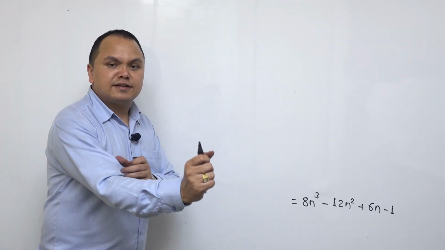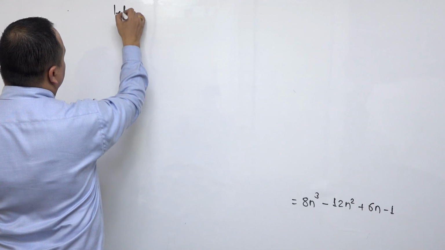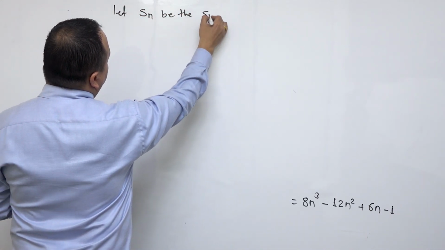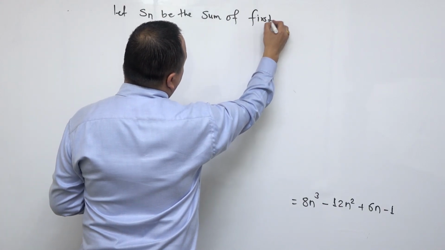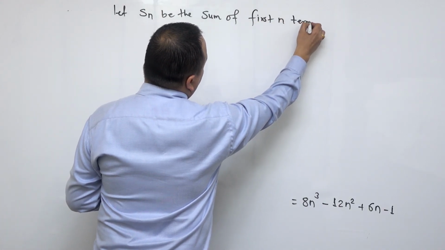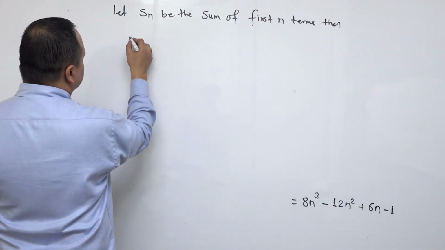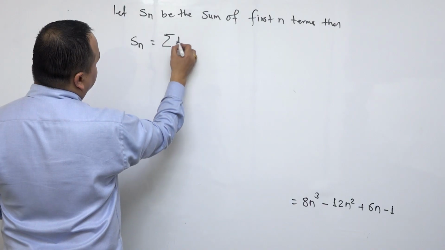Now for the next part, let Sn be the sum of first n terms, then Sn is sigma Tn.